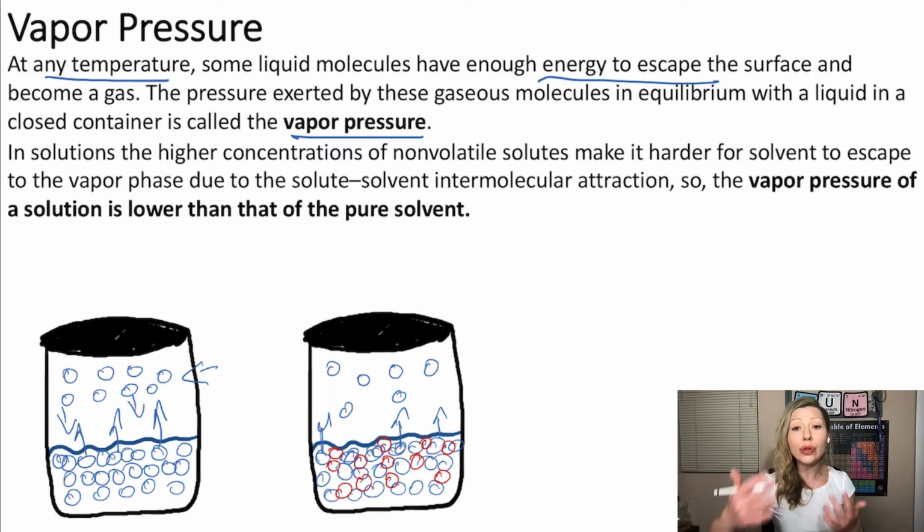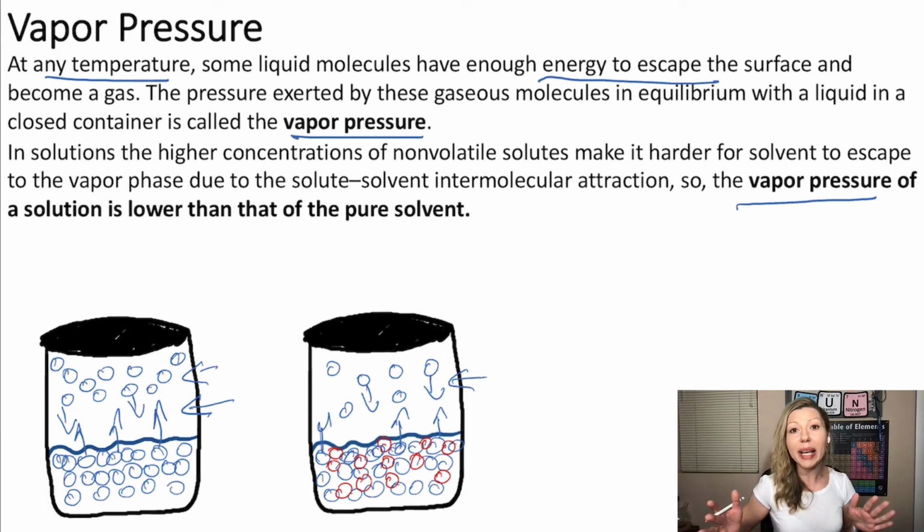So due to this, the vapor pressure of the solution is going to be lower than the vapor pressure of the solvent if I have a pure solvent. So if you look at this picture here, I'm going to have more molecules in the gas phase compared to this picture right here. Obviously here also we are going to have an equilibrium. Okay, I hope this makes sense.